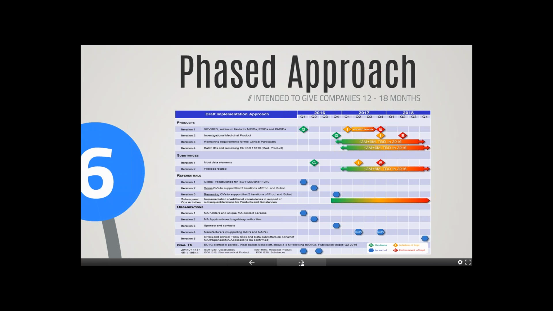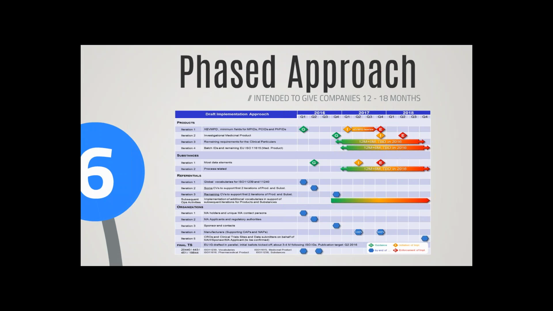The first iteration in the product area will be based on something we call here in Europe XEVMPD. So it's basically an extension of the XEVMPD. Some data will be added which are necessary in order to define the medicinal product IDs, the packaged product IDs, and the pharmaceutical product IDs. For that data there will be guidance in early 2016, and then the implementation will start in 2017, basically.